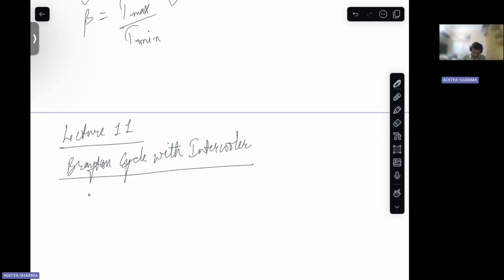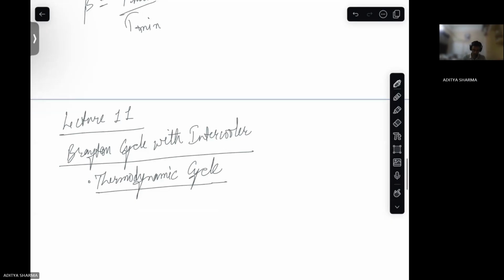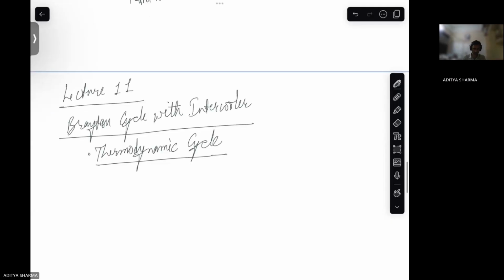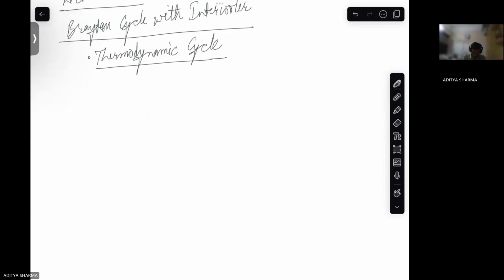So let's draw its thermodynamic cycle using a TS diagram.